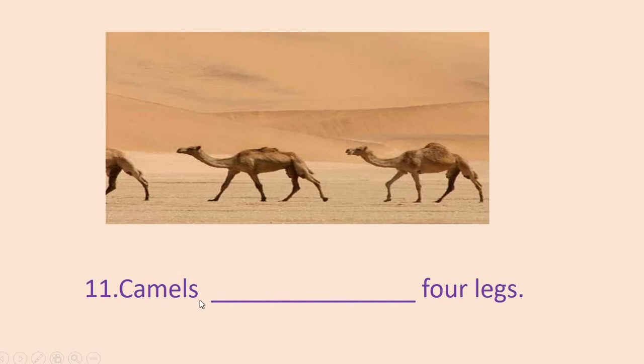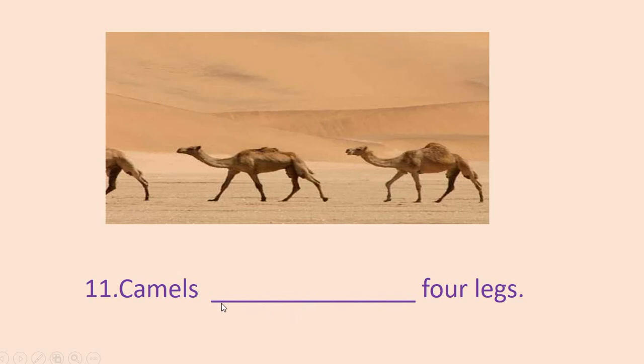C-A-M-E-L-S, camels. More than 1 camel. Camels dash 4 legs. F-O-U-R, 4, L-E-G-S, legs. So what will be the answer? I told you more than 1, then what has to come? What do we use for more than 1?